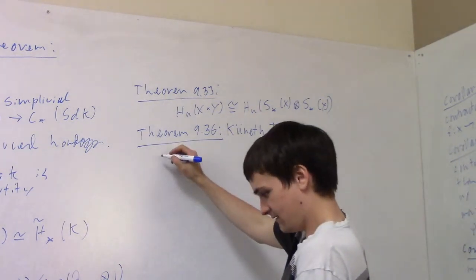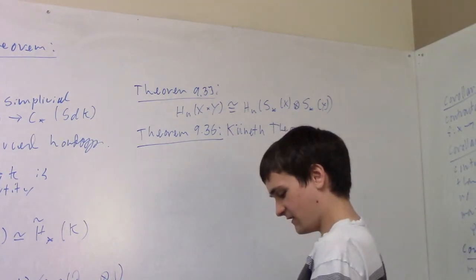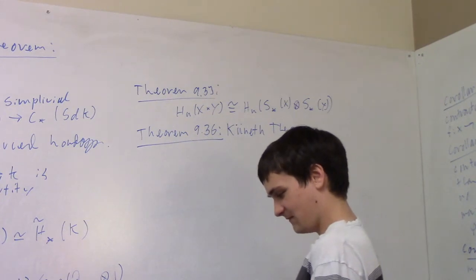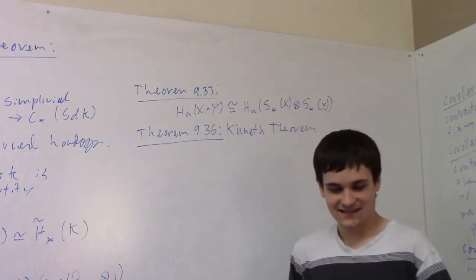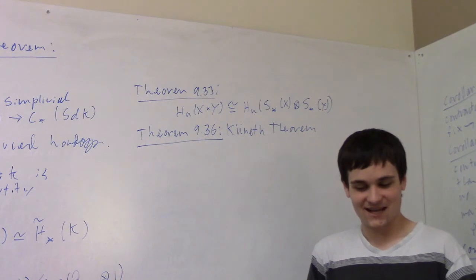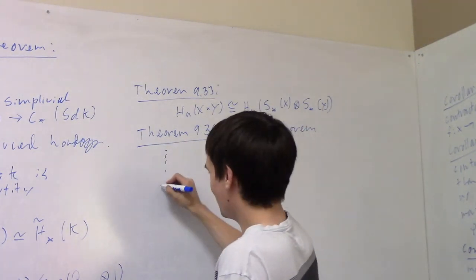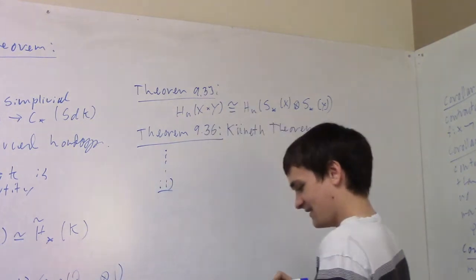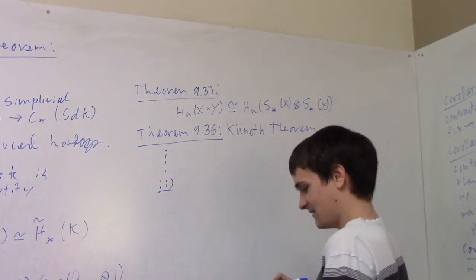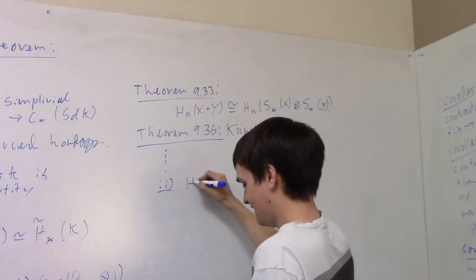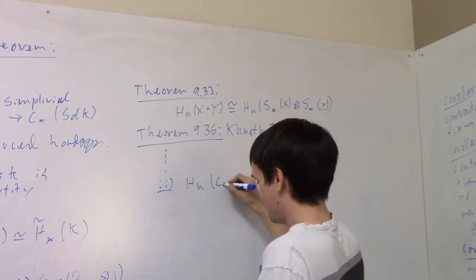I'll just get to the point because the rest of this is kind of technical, generalized abstract nonsense. Part 2 says that this exact sequence splits. So you have two pieces.